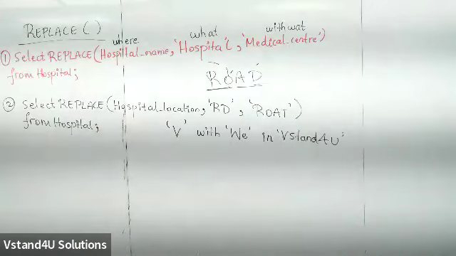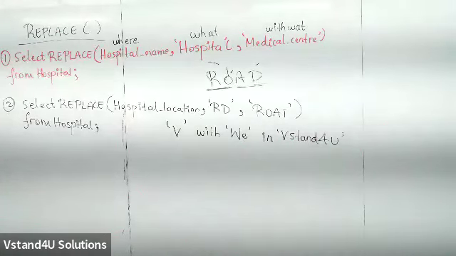Then you have created a table. Booking ID, passenger name varchar, passenger email varchar, ticket number varchar, booking date.